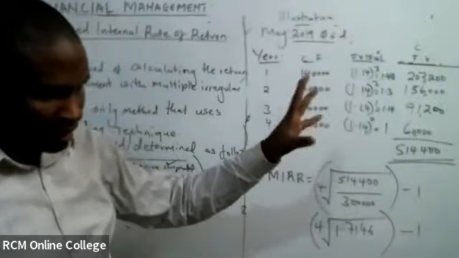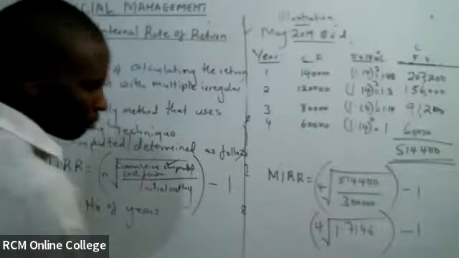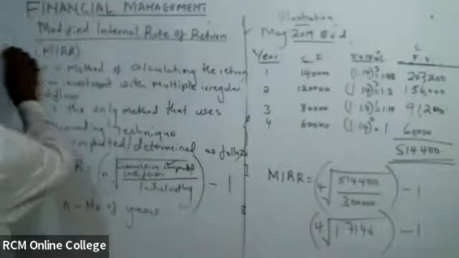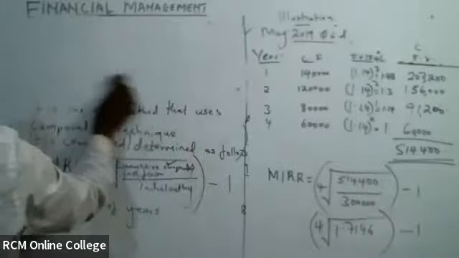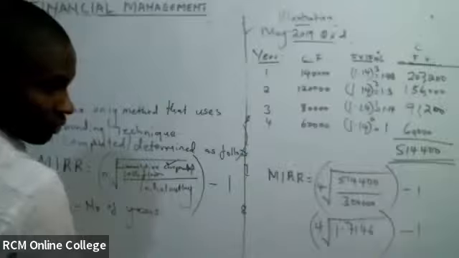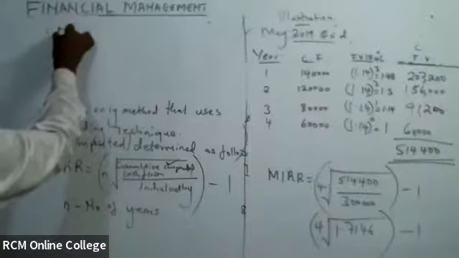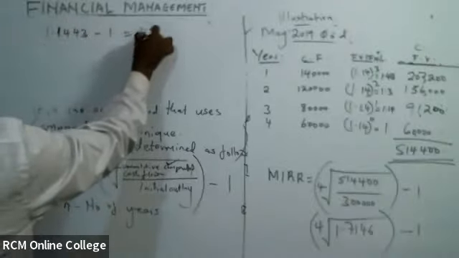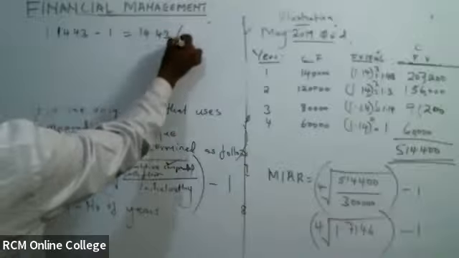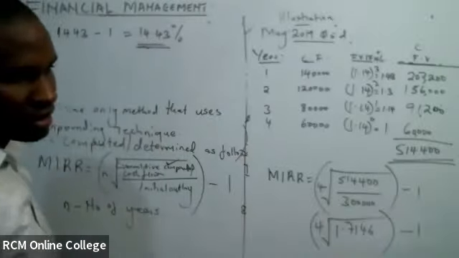Naanza na chenye iko kwa bracket. Fourth root ya hiyo ni ngapi? 4 decimal places. 1.1443. 1.14, hiyo ndio fourth root. 1.1443 minus 1 itakuwa na 14.43%. My MIRR is that.